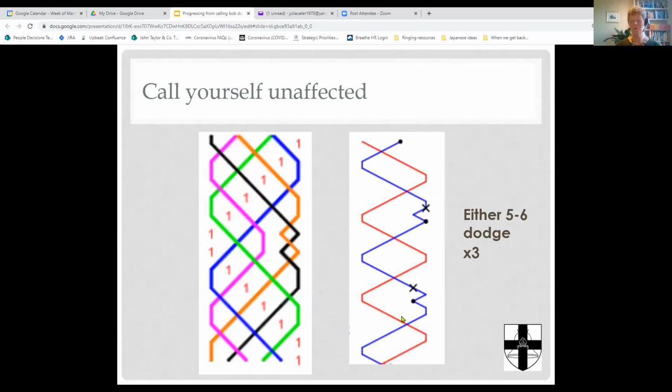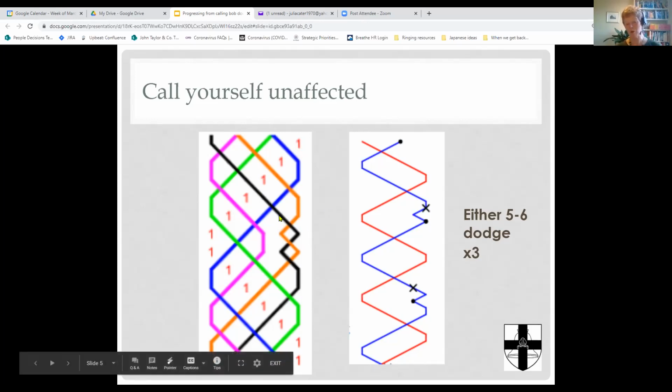Also, when we called Bob Doubles, we had another calling position, which was an unaffected one, the bell making long fifths. Now, the same thing applies with Bob Minor. You can also call yourself unaffected, which means that you would call a bob when you're in one of the 5/6 dodges.